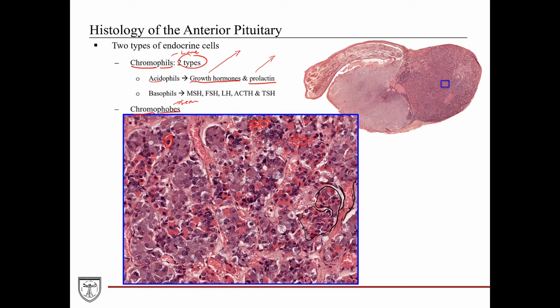The basophils, on the other hand, are the cells that love basic dye, such as the hematoxylin. So these are the cells that are staining more bluish to purple in color throughout this field of cells. These cells collectively produce 5 different anterior pituitary hormones. The MSH, or melanocyte stimulating hormone, as the name suggests, stimulate melanocytes throughout our body to produce more melanin or skin pigment so we can get darker as a result of MSH increase.